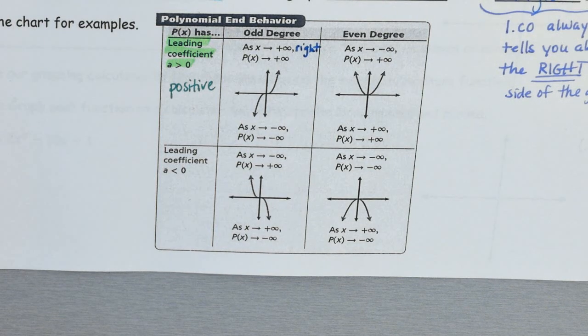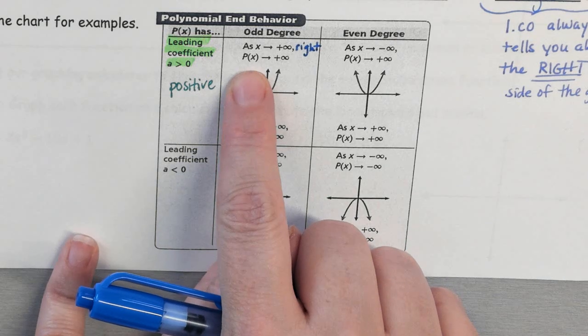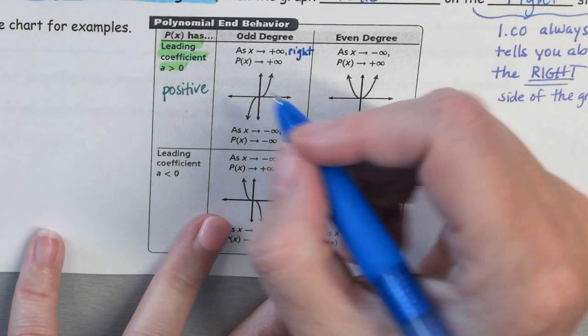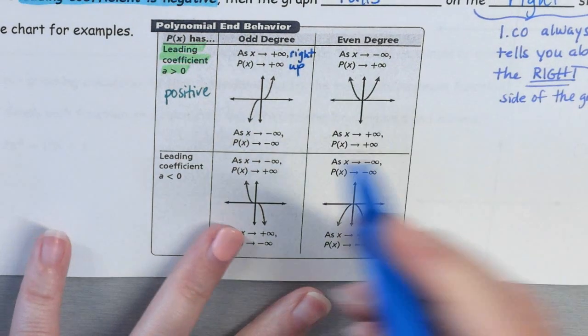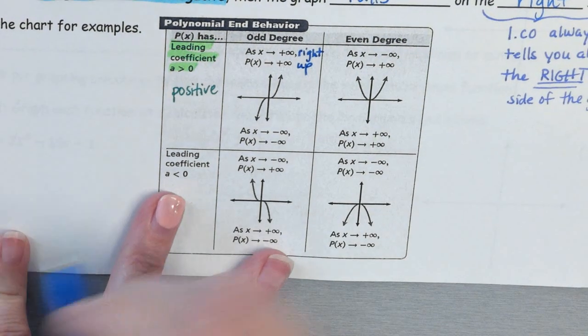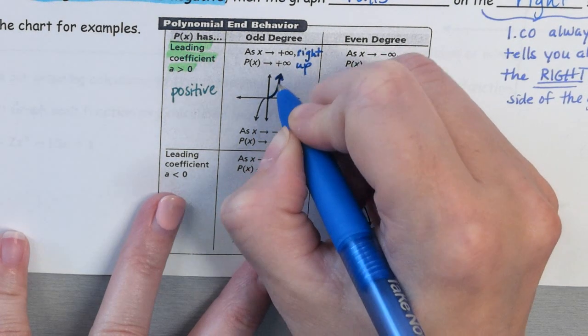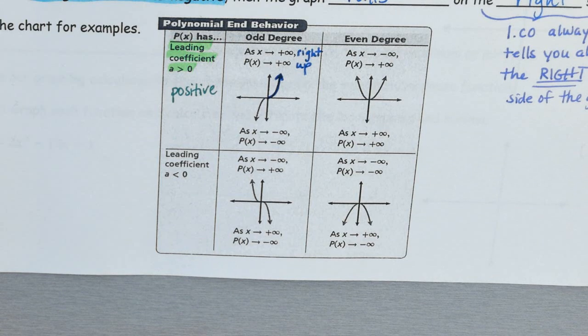And here it says P of x goes to positive infinity. If they say P of x, or y, or f of x, that means up. So this statement, as x goes to positive infinity, P of x goes to positive infinity, means on the right side of the graph, it is going upward.